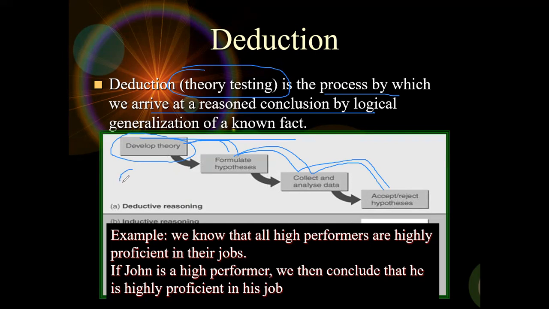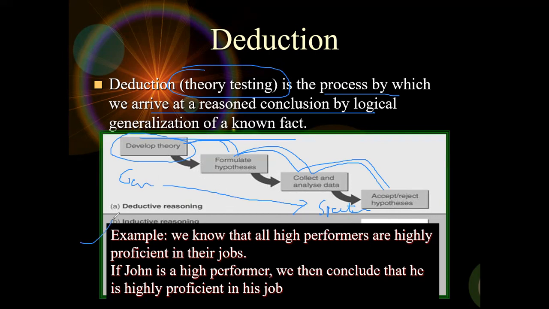So here we start from a generalized statement and then end at a specific statement with respect to a specific environment, that is Pakistan, right? So this is basically a theory testing process.